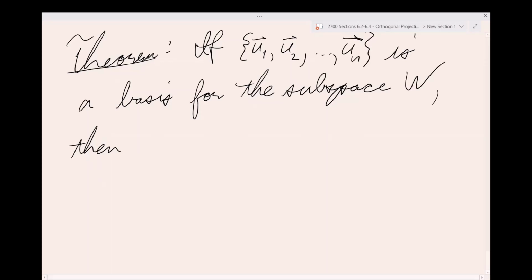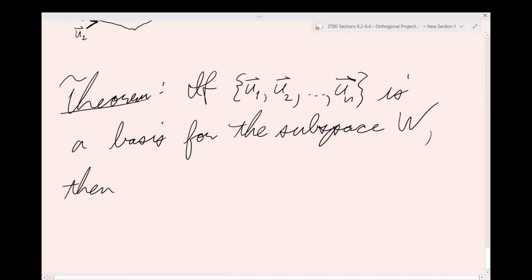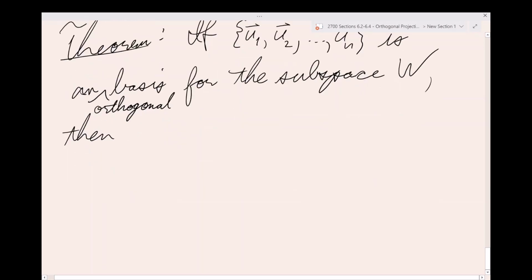And if I have an orthogonal basis for the subspace, then I actually get a nice formula.